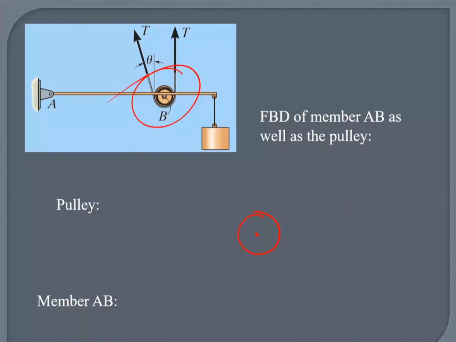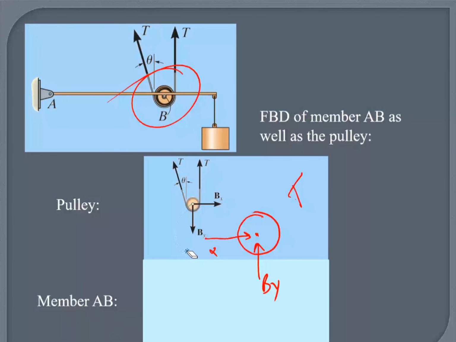Am I right? Yes, sir. And I will have a pull force for the rope and another pull force for the rope here. So this is the free-body diagram of my pulley B. Is that clear?